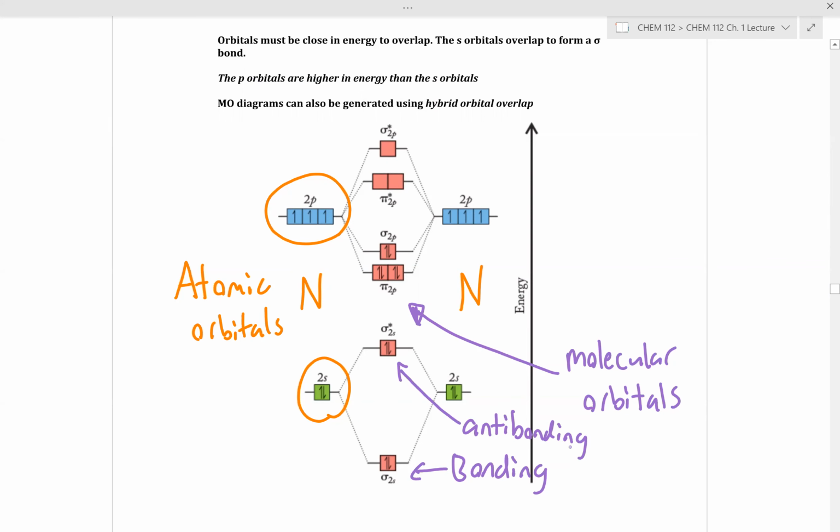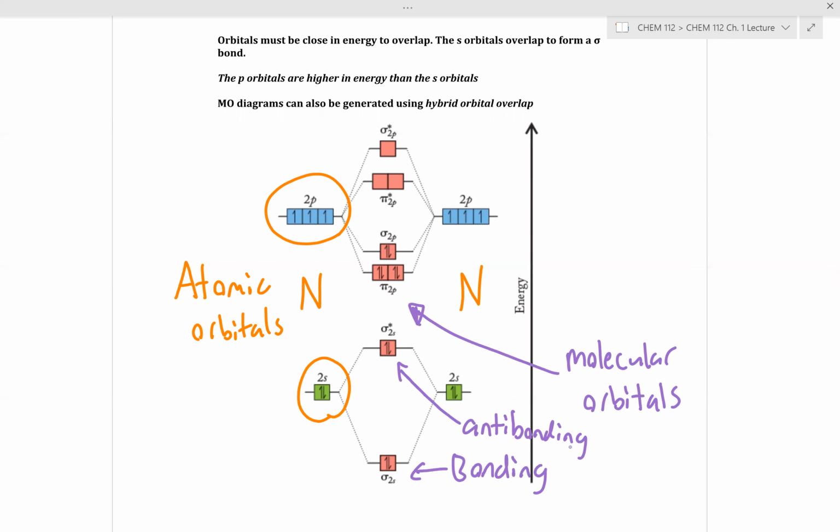Now, once we've formed our overall molecular orbitals, we are going to fill these molecular orbitals with electrons from lowest to highest energy, just like we do for any other orbital diagram, right?